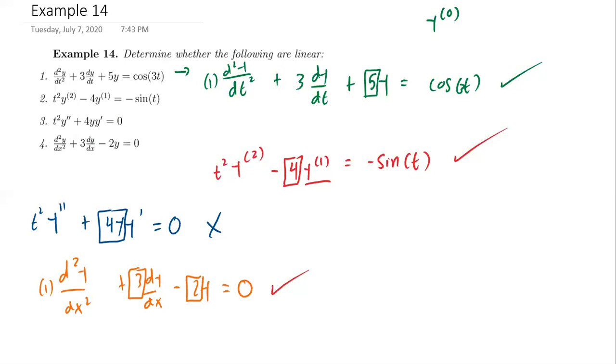Then go look for anything that doesn't have any y's, and that thing should also be an expression without any y's, only t's, the independent variable, or constants. And that's basically the idea.